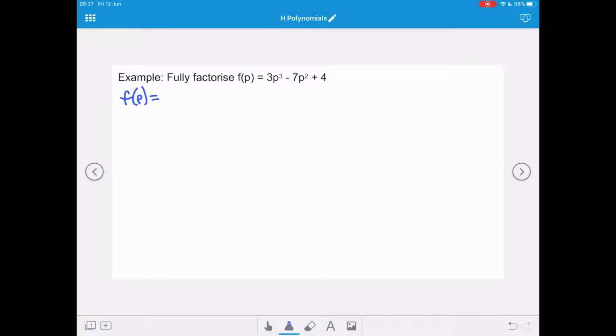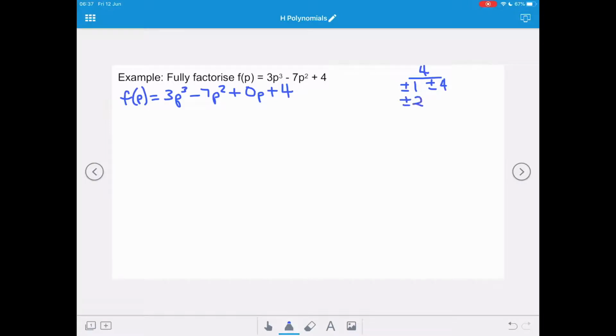So f of p is going to equal 3p cubed minus 7p squared plus 0p plus 4. Now we've also not been given a start point for a factor, so we need to consider factors of the constant term. So factors of 4 could be plus or minus 1, plus or minus 4, or plus or minus 2.